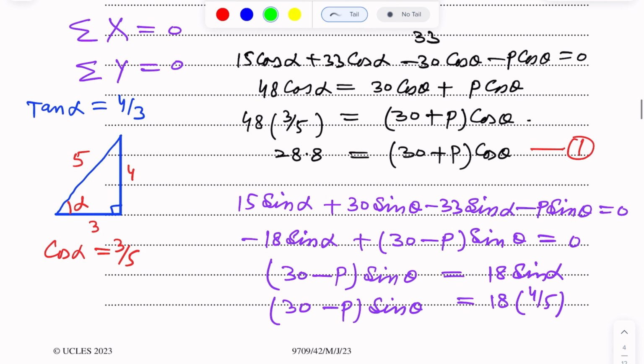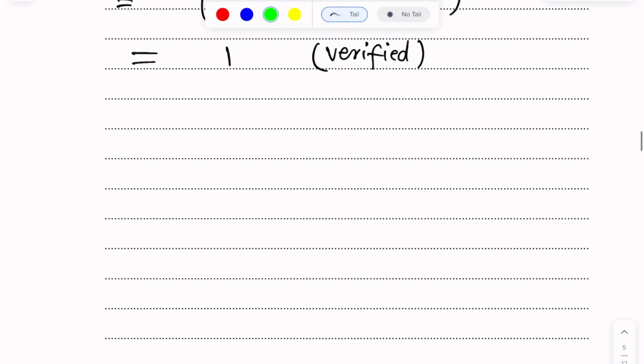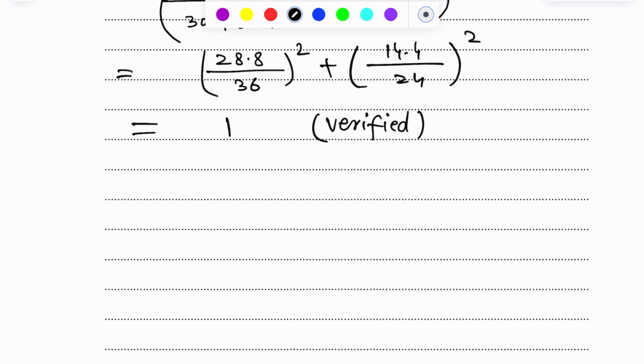From equation number 1, putting the value of p equal to 6, this shows that 28.8 is equal to 30 plus 6 into cos theta.